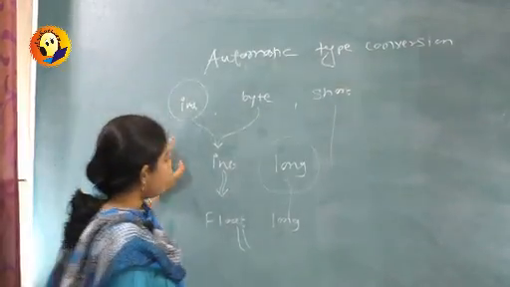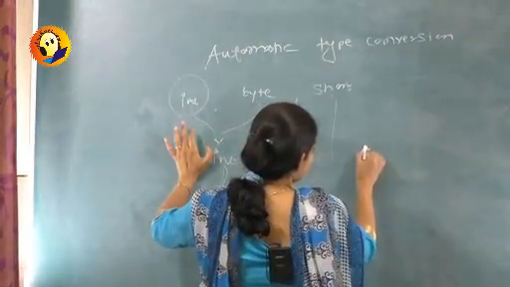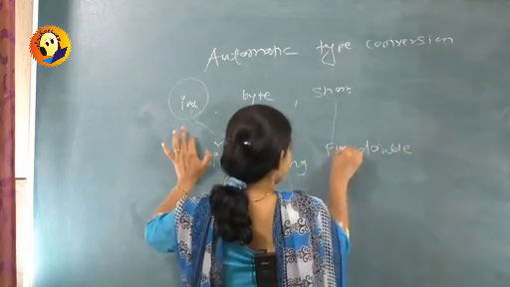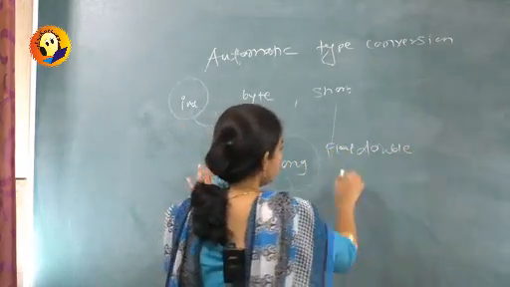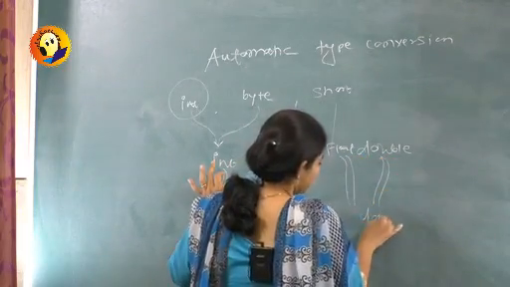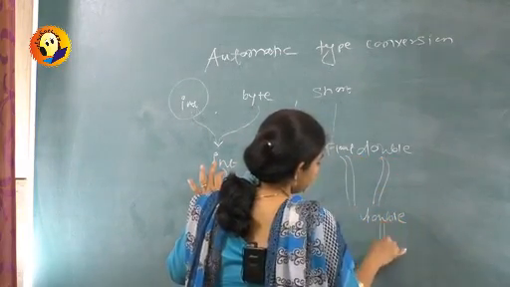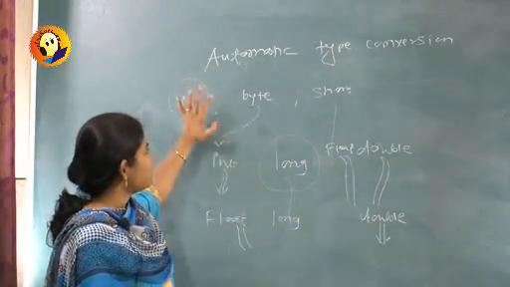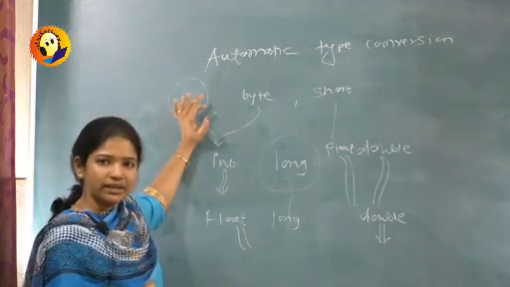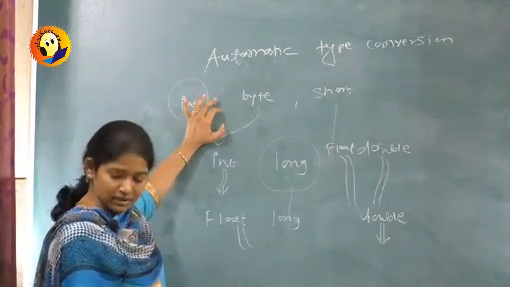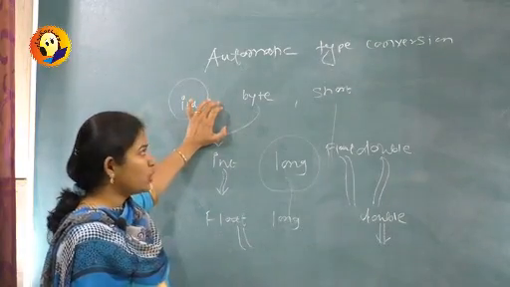Okay, and if one variable is of double type and another variable is of float type, then we need to consider both the data types as double type, and accordingly compute the result of the expression. So this type of conversion is called automatic type conversion. We need not do anything in this. Actually JVM will do all the things automatically.